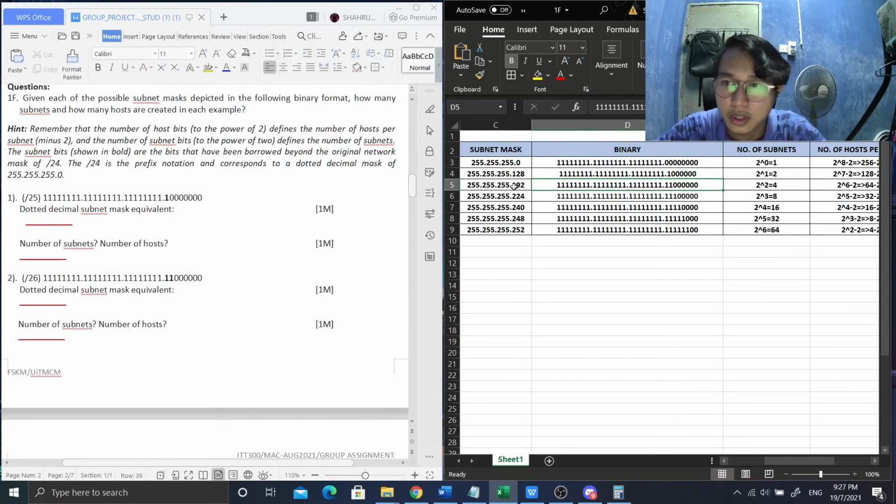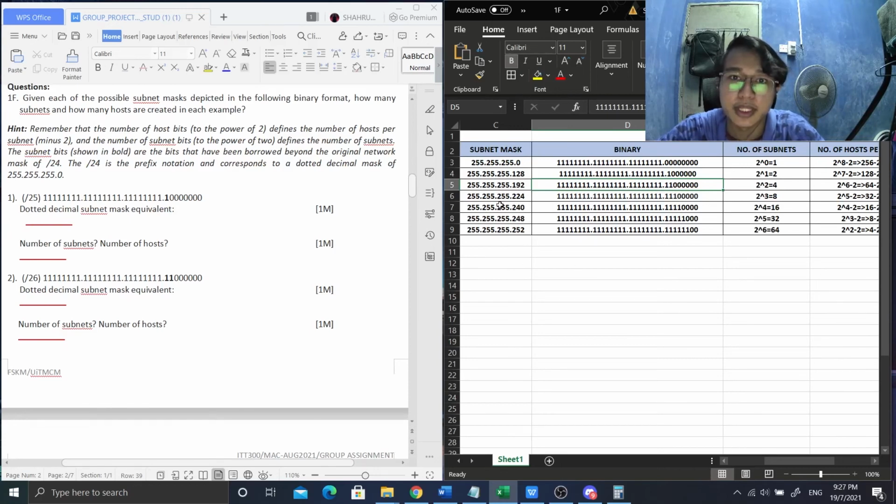So to find the end of the subnet mask, 2 power of 6 equals 64. So 64 plus 128, so the answer is 255.255.255.192.